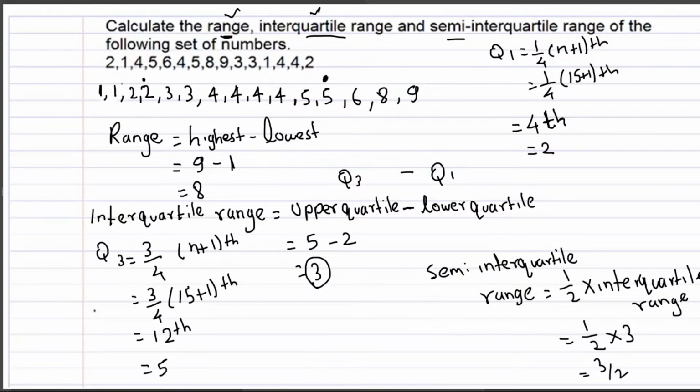There we have a 2, so 2 is Q1. Upper quartile minus lower quartile is 5 minus 2, which equals 3. The semi-interquartile range is half times the interquartile range, so half times 3 is 3 over 2.